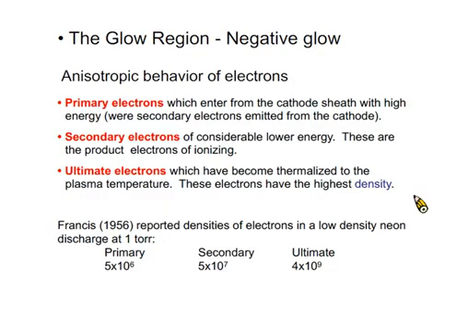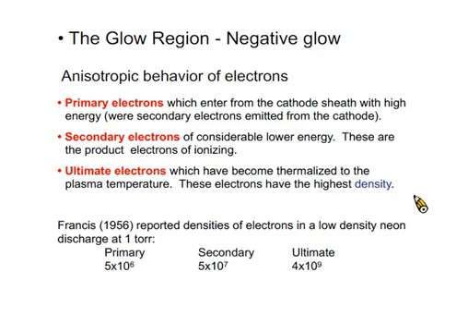So there are a lot of thermal electrons in the negative glow after multiple collision processes. So actually, there are three types of electrons: a high energy primary electron, a low energy secondary electron, and a thermal electron.